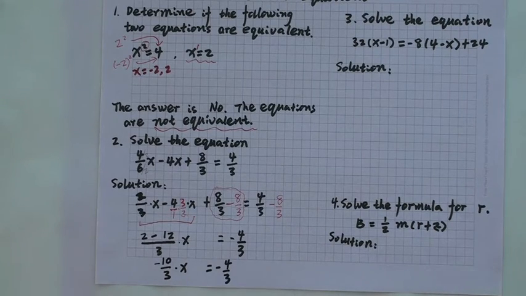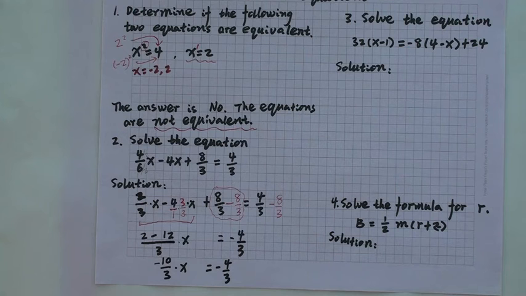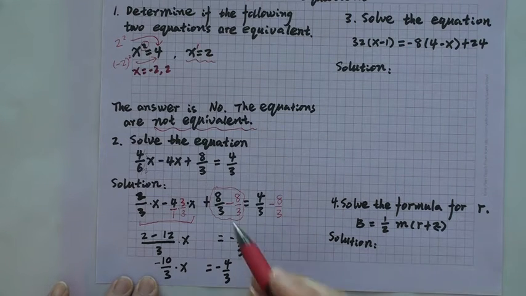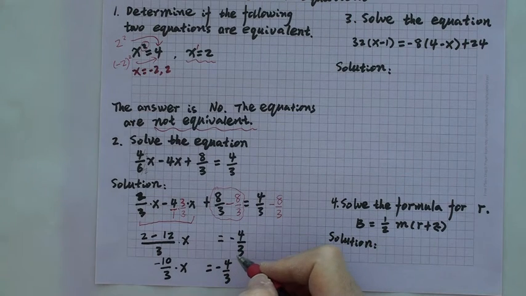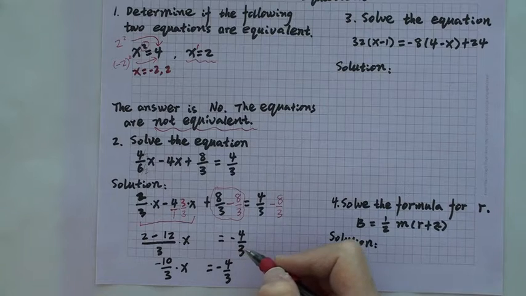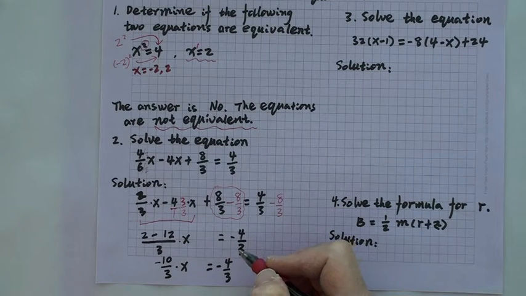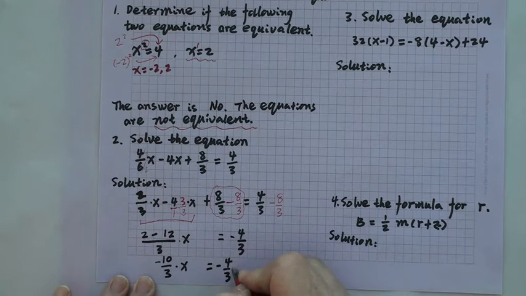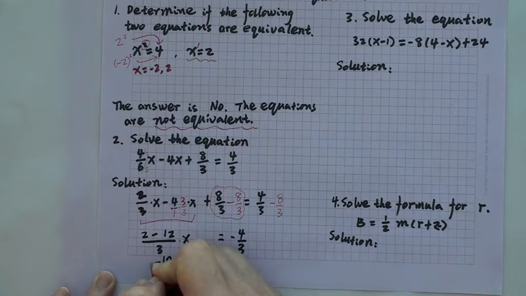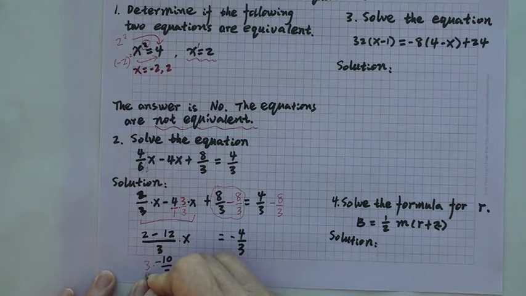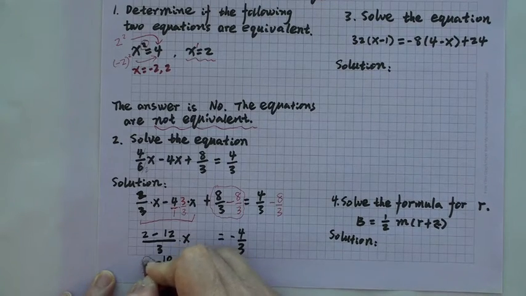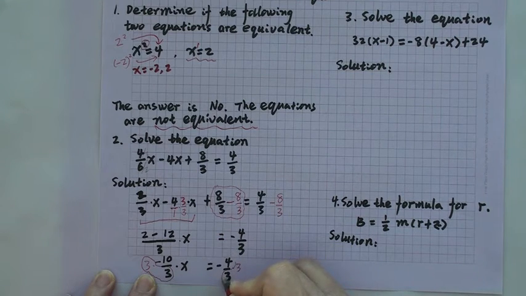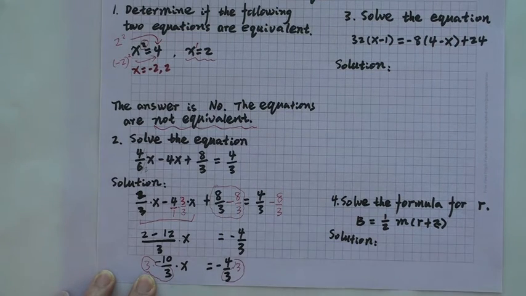Alright. So then both sides times 3, and you cancel the denominator.